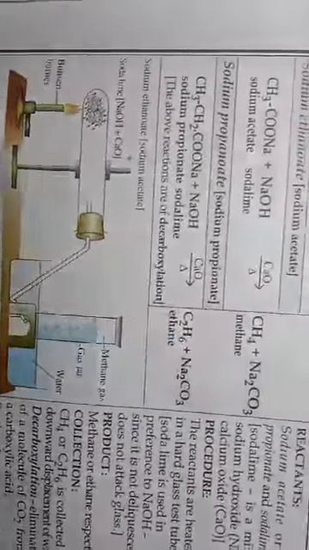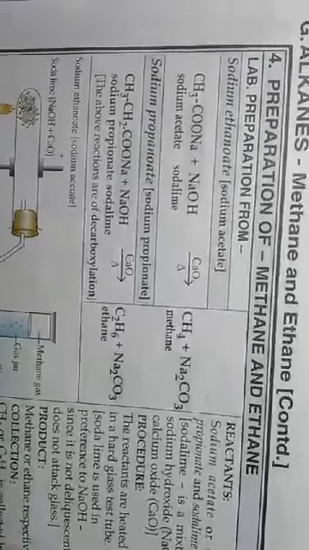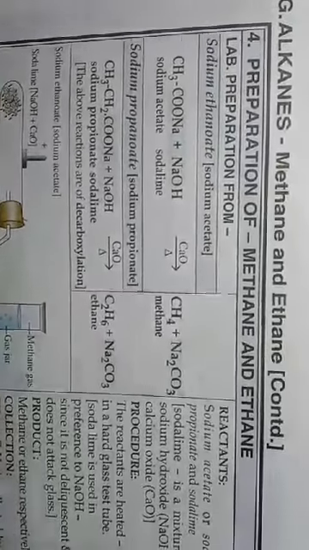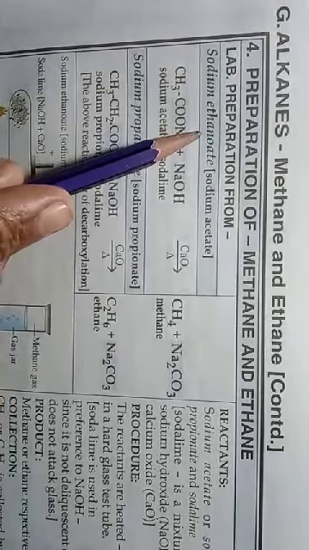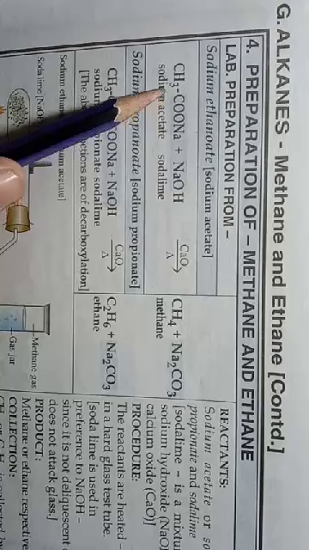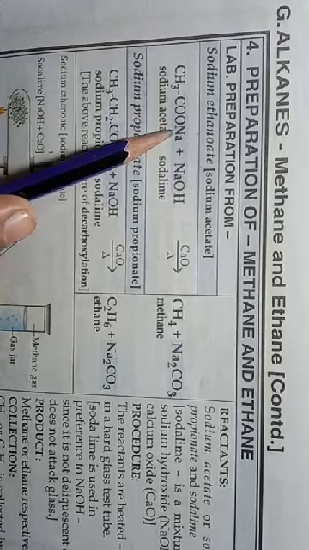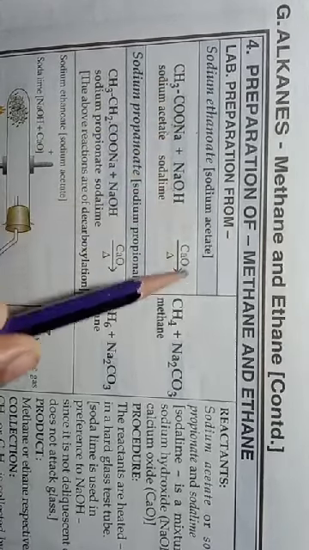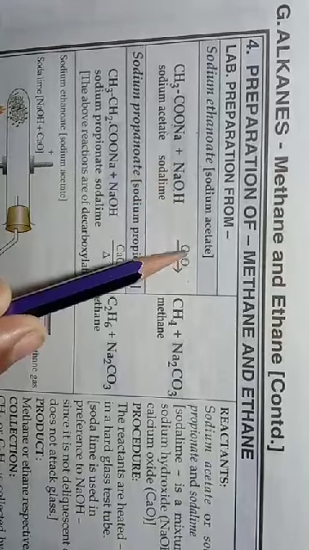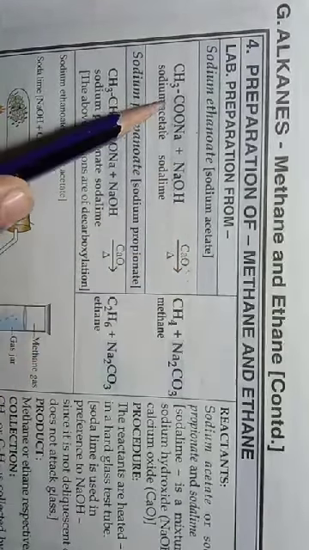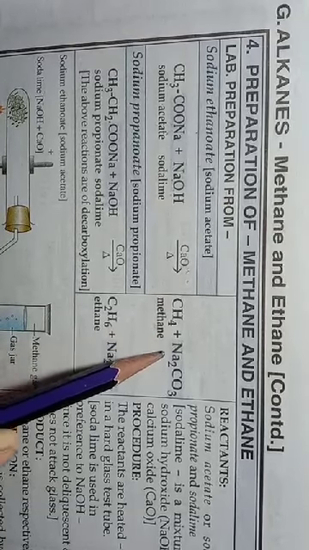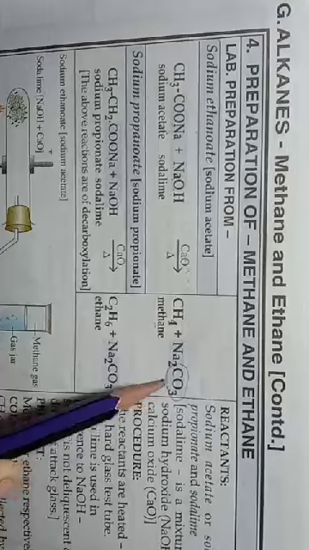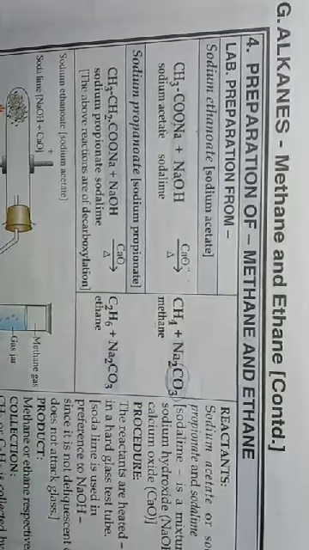The next page: methane and ethane preparation. Lab preparation from sodium ethanoate. This is the formula of sodium ethanoate, and when this is heated with soda lime, methane is formed, and CO2 is evolved in the form of sodium carbonate.